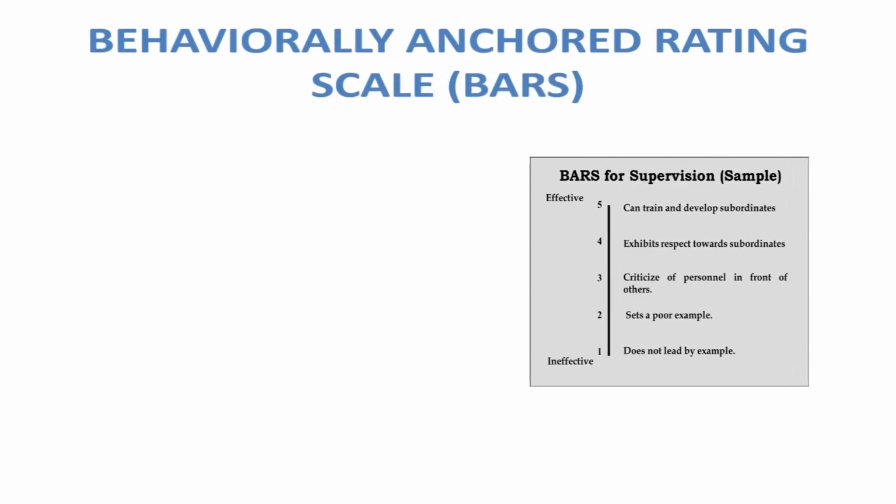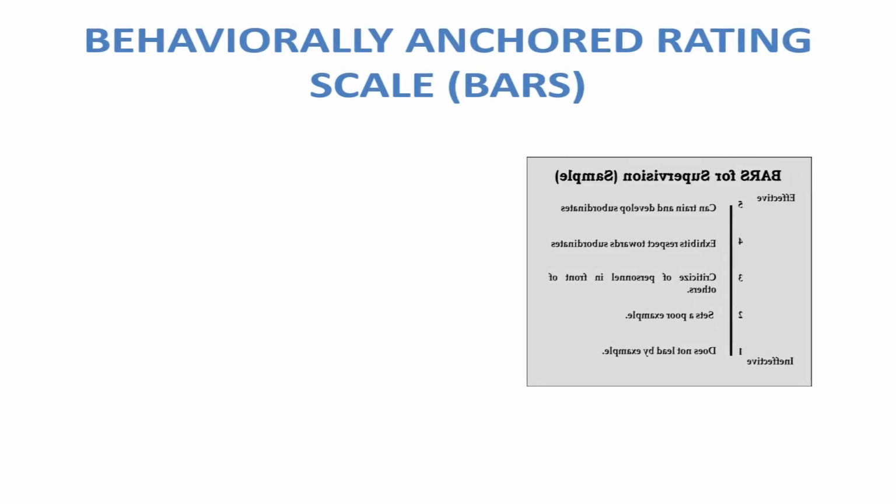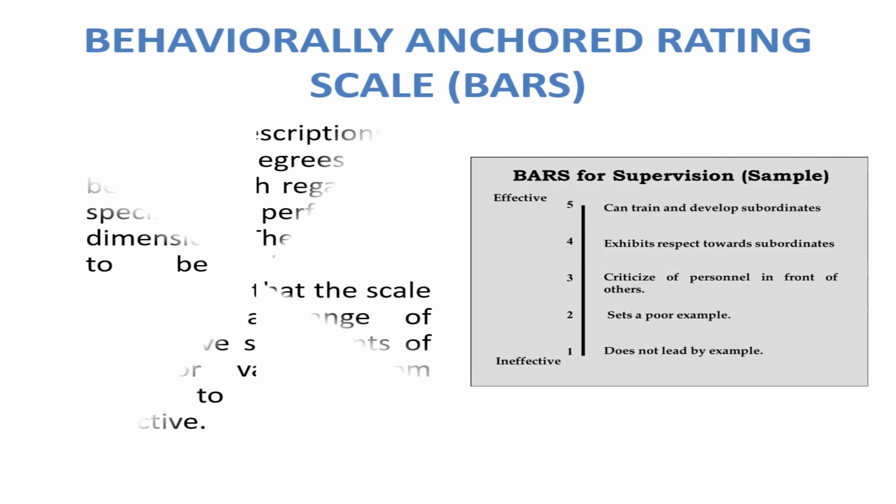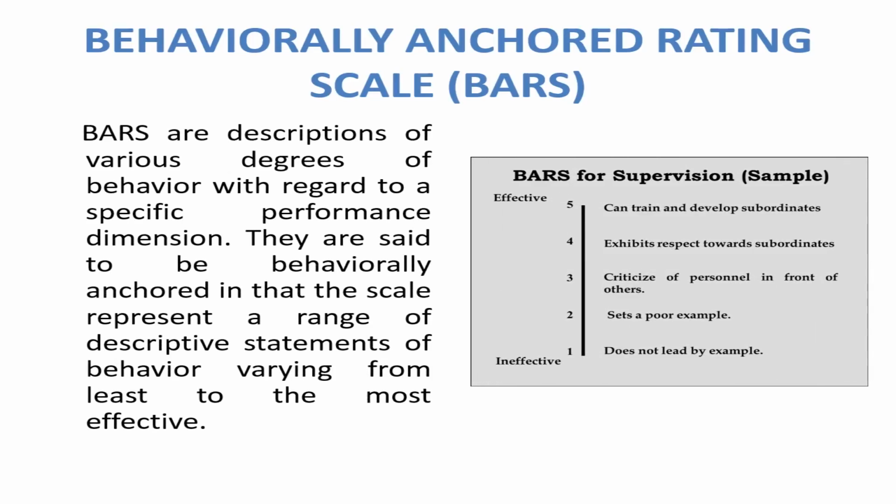Next technique is behaviorally anchored rating scale, BARS. BARS are descriptions of various degrees of behavior with regard to a specific performance dimension. They are said to be behaviorally anchored in that the scale represents a range of descriptive statements of behavior varying from least to the most effective.